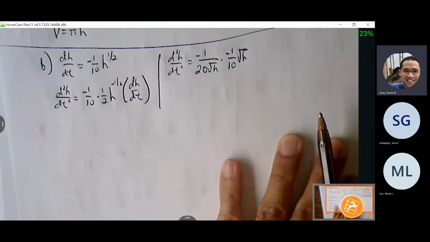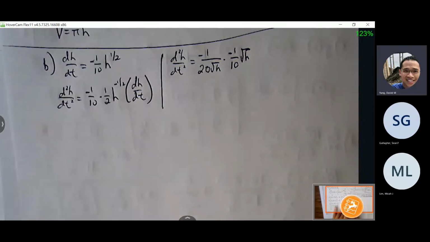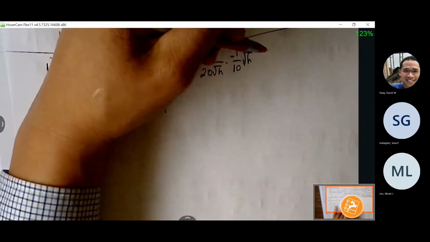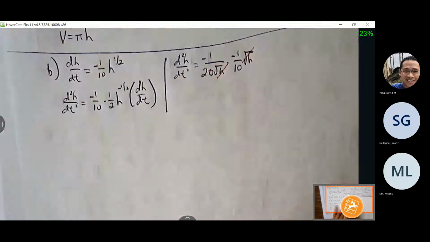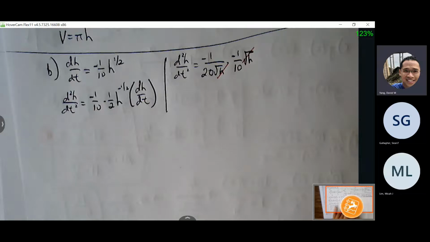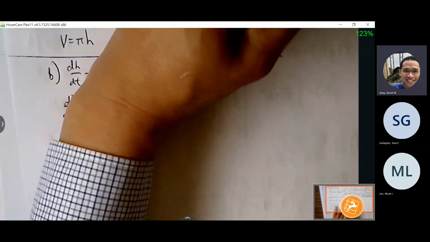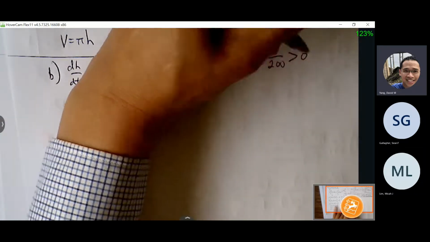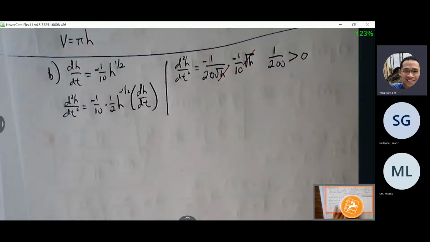Get the h's to cancel out. I get negative, or positive, 1/200. So positive 1/200 is obviously positive, so I know that the rate of change is increasing.